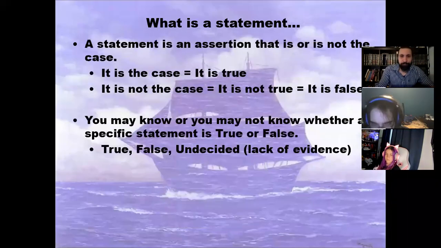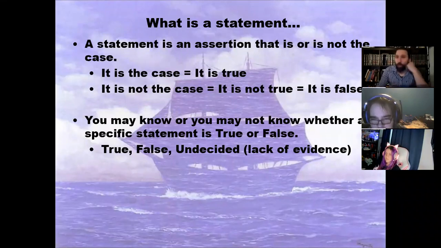But as I said, pragmatically, we have to realize that we're not always in a position to know decisively whether a statement is true or false. We simply do not have the information. So a lot of our assessment of the truth or the falsity of a claim depends on our own subjective awareness, our own subjective ignorance. If you say, for instance, there is life on other planets, is that true or is it false?